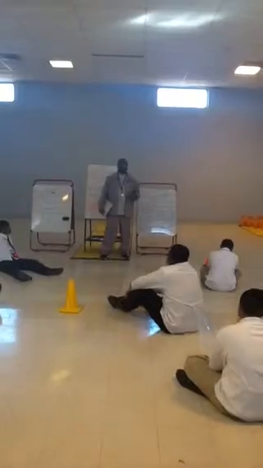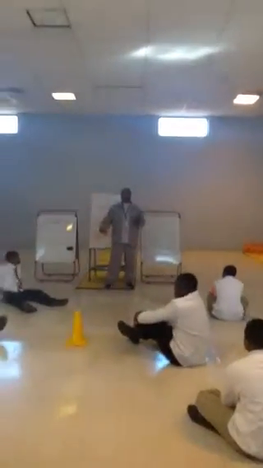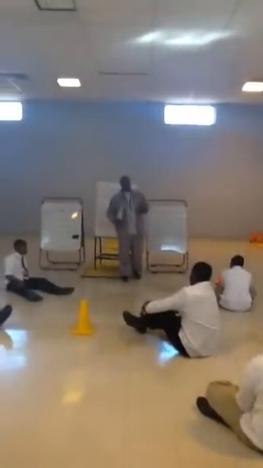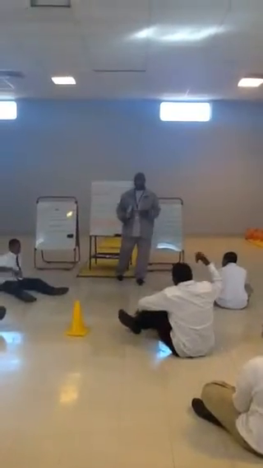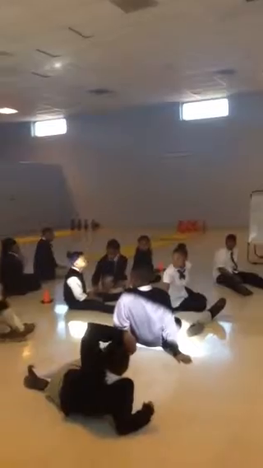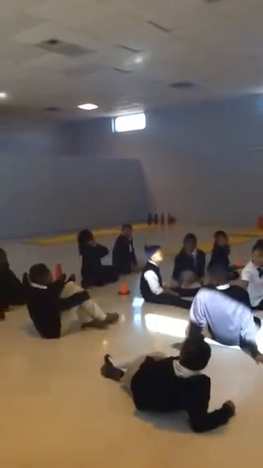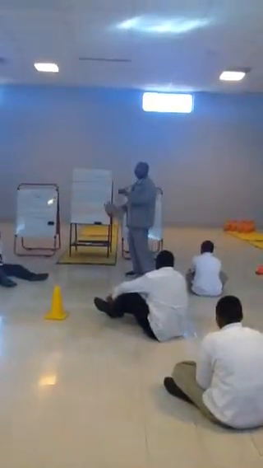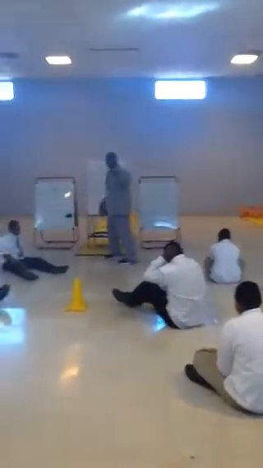Anybody? What's the importance of establishing rules and safety procedures? Let's go, sweetheart. Tell me why rules and safety procedures are important. Good job. They are designed to keep us safe. Anybody else?